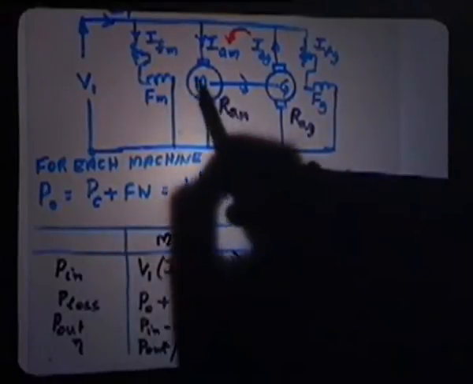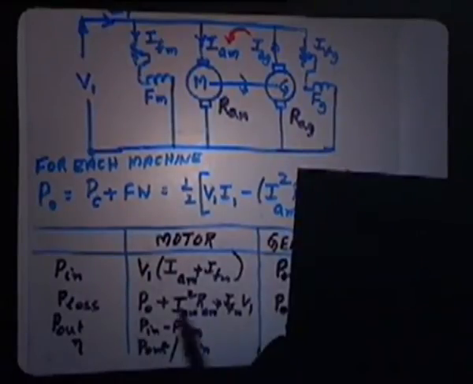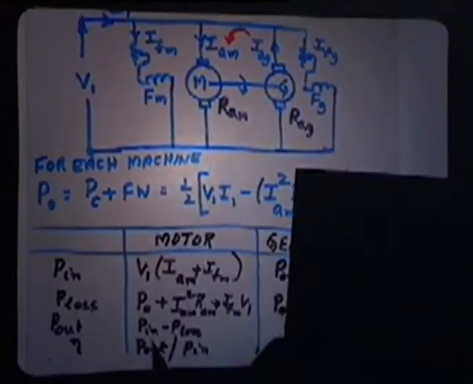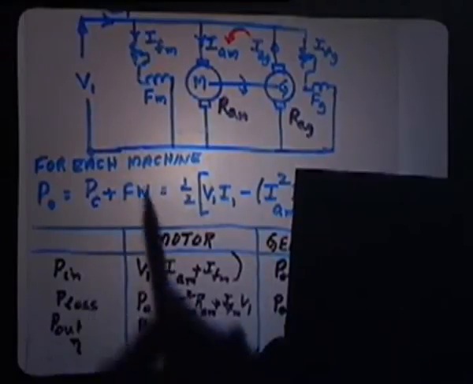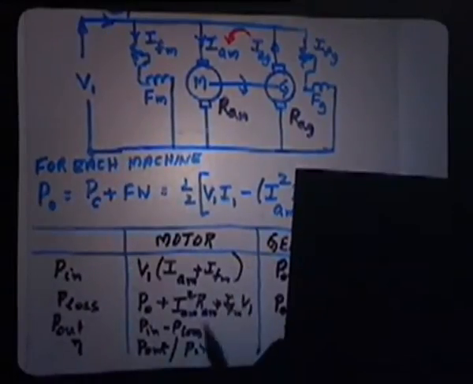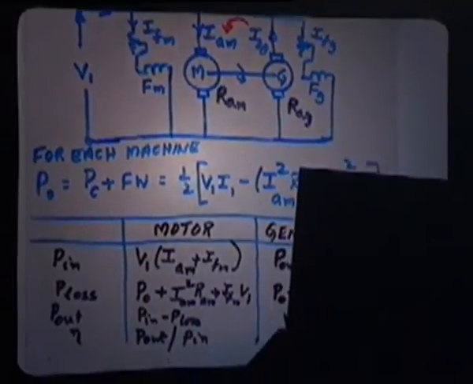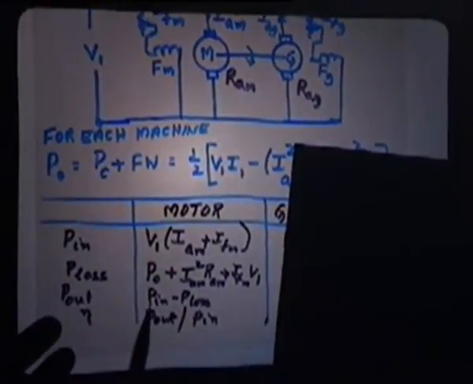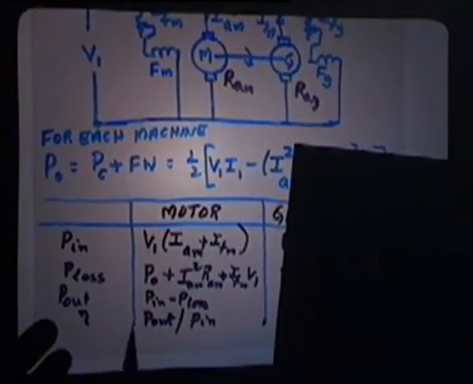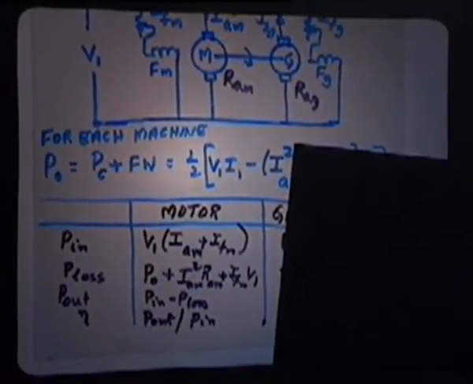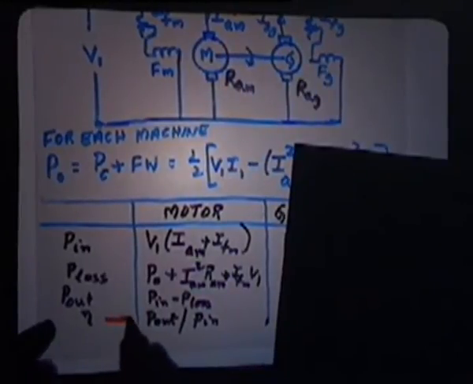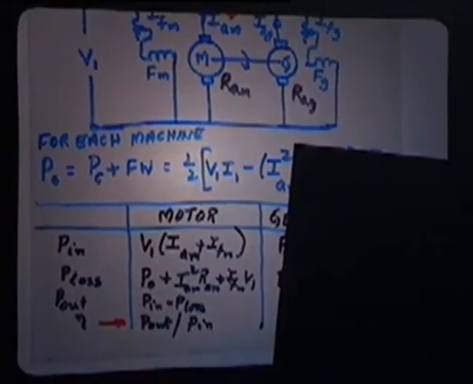So the loss in the whole system will be the fixed loss as calculated plus I square R here. The output power will be the power input which we have estimated, minus the loss. So efficiency is given by power output divided by power input. We can directly obtain the efficiency for any given value of the armature current IAM.